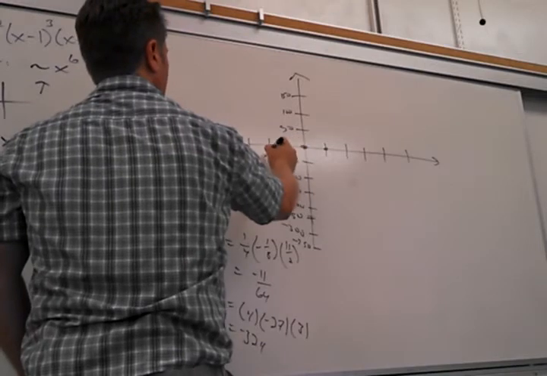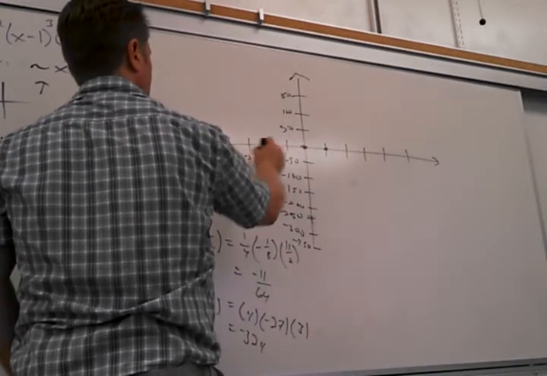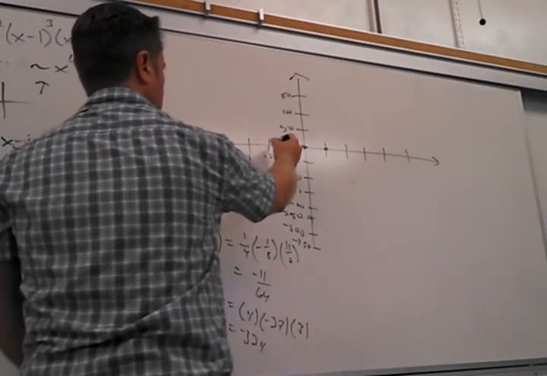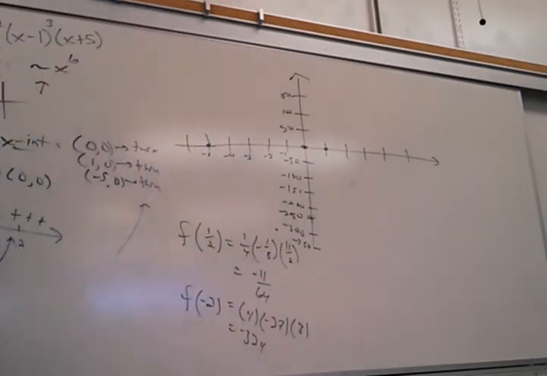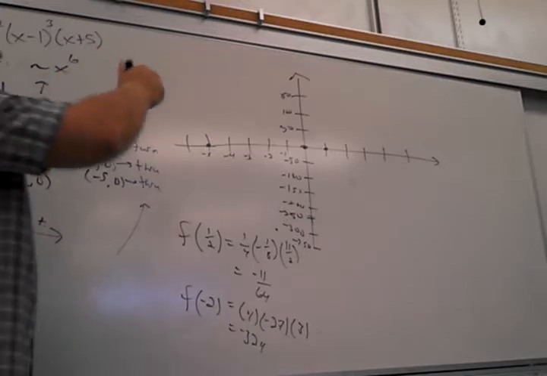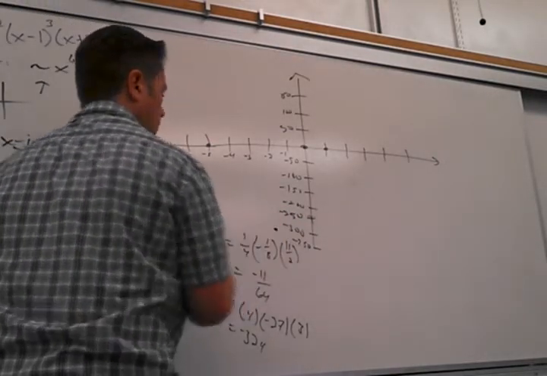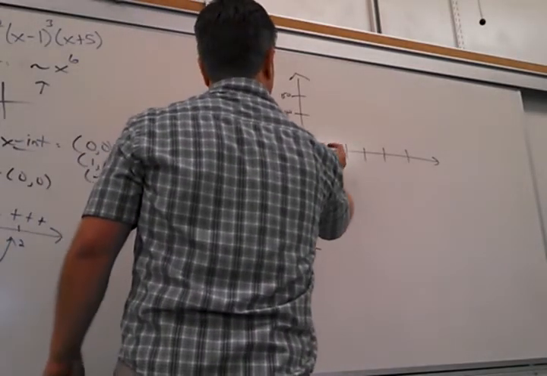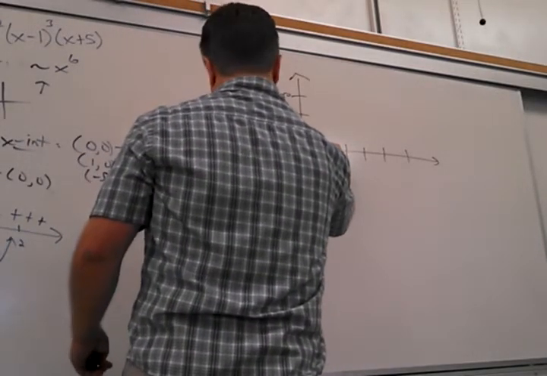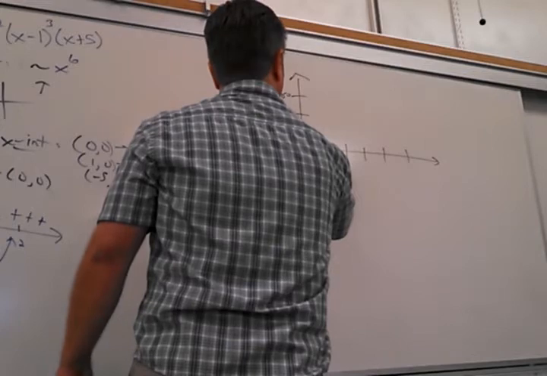So at negative 2, it goes to negative 300 something. Okay, how are we doing so far? And at 1/2, it went to negative 11/64. So it's like right there.